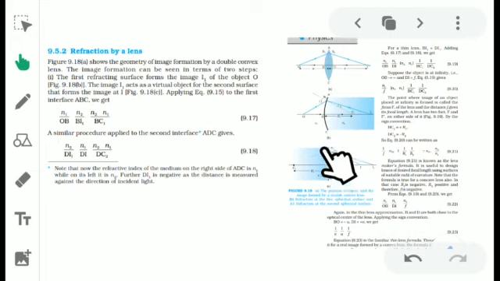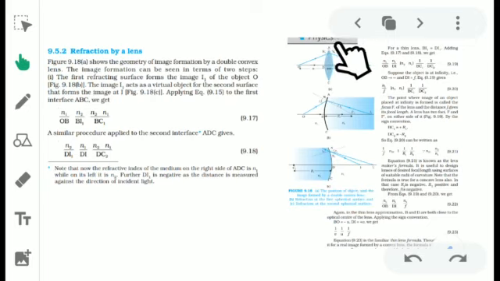For this surface ADC, I1 is the object, and here the ray is entering from denser to rarer medium. That means when the ray enters from denser to rarer medium, it bends away from the normal, so you get the final image I here.